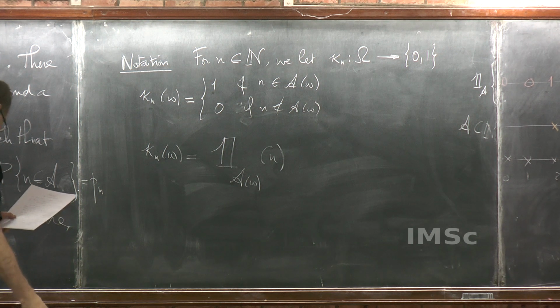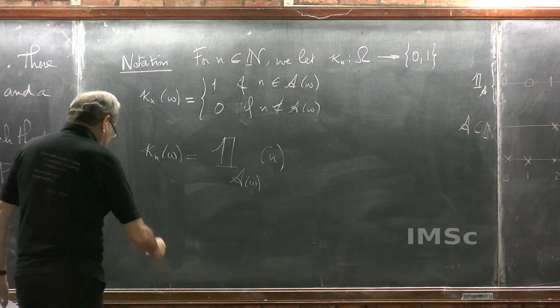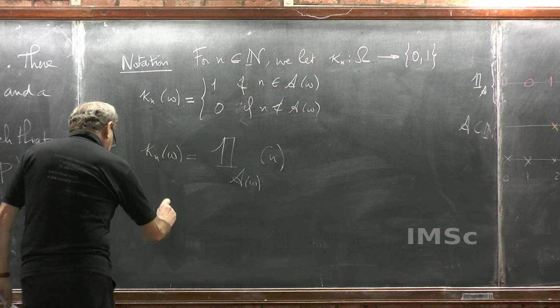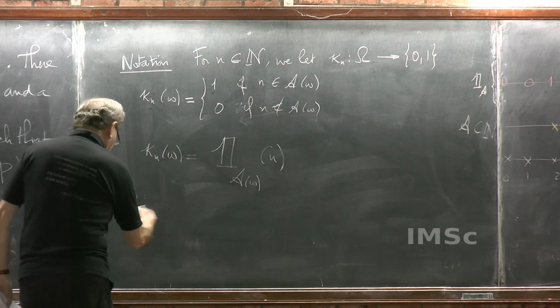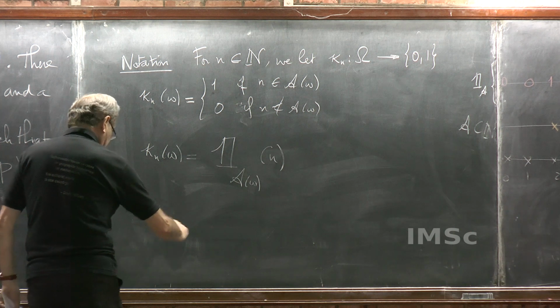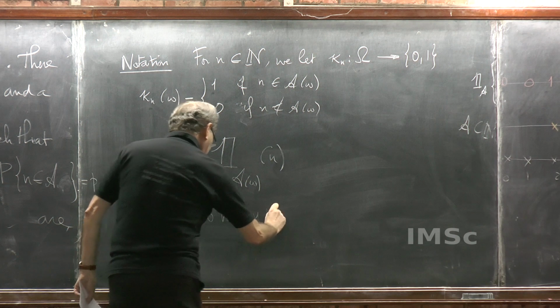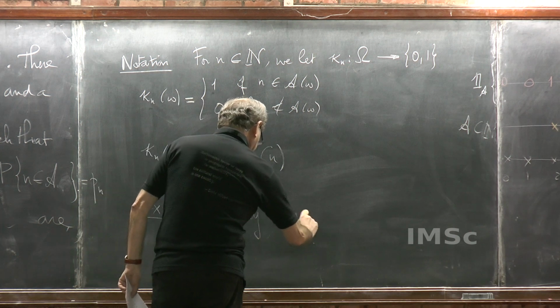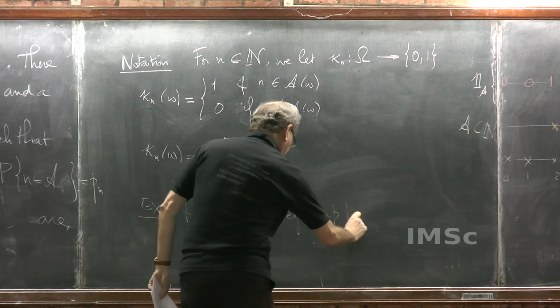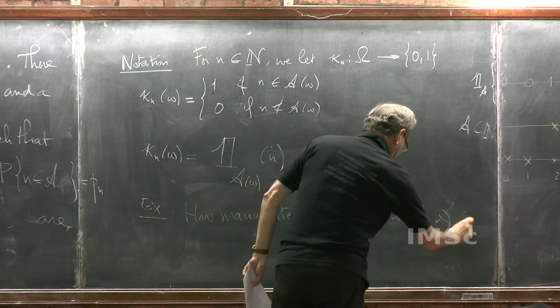So, just to give some idea, a baby exercise: how many integers up to capital N are in A omega?